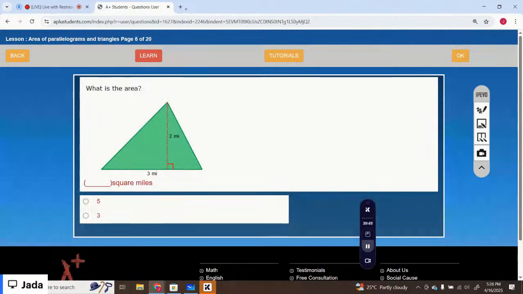What is the area? Option number 2 is the correct option. 3 it is.